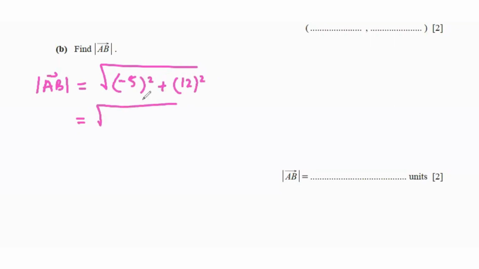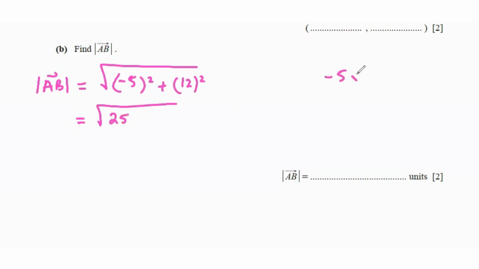Then it says find the magnitude of AB. So the magnitude of AB is going to be the square root of the square of the x coordinate, which is -5, plus the square of the y coordinate, which is 12. -5 squared is +25.